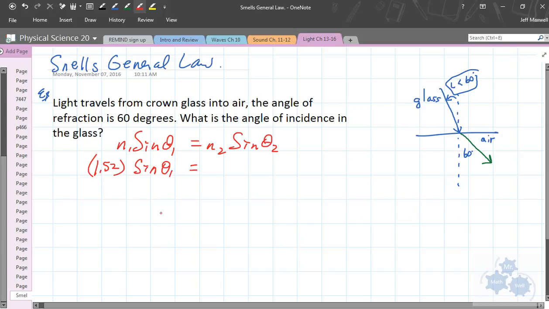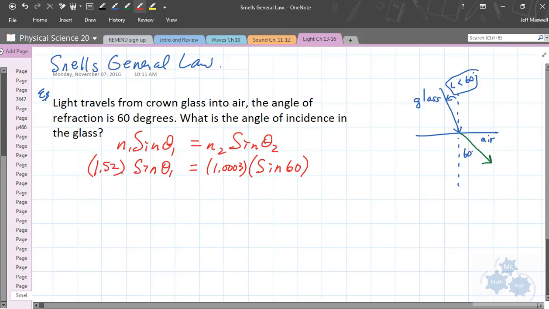Okay, that's the unknown, so we'll just leave it there. In air, the n in air is 1.003, and we have sine of 60 as the angle of refraction, angle 2. Okay? Alright, so in most of your calculations, this 3 in here isn't really going to make much difference, but let's do it anyways.